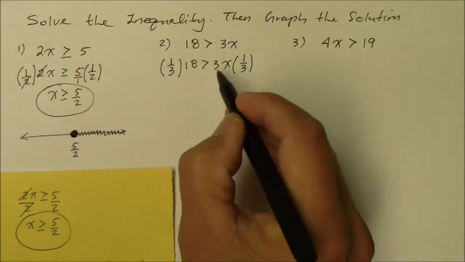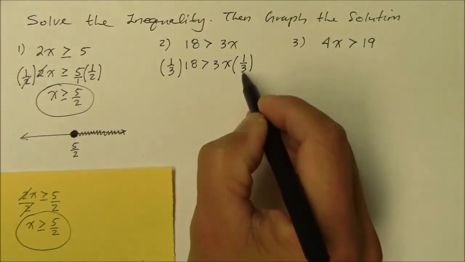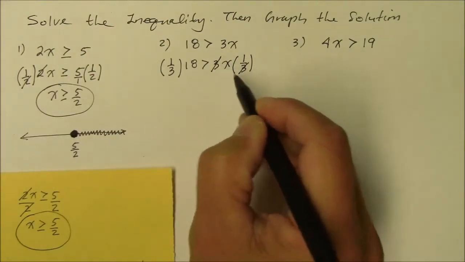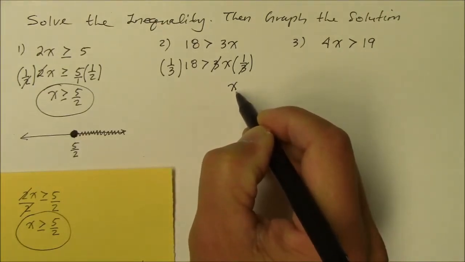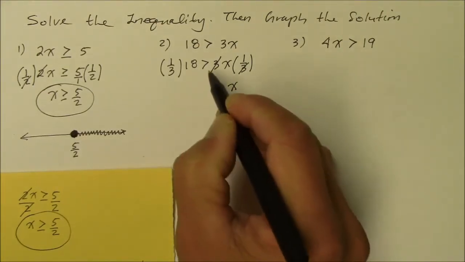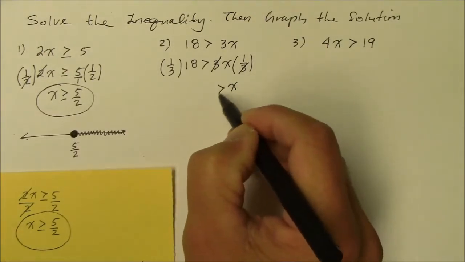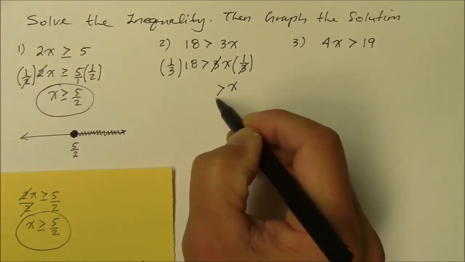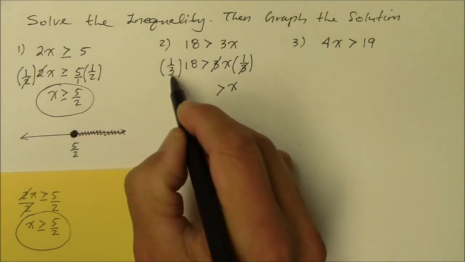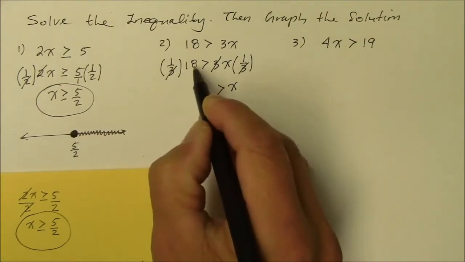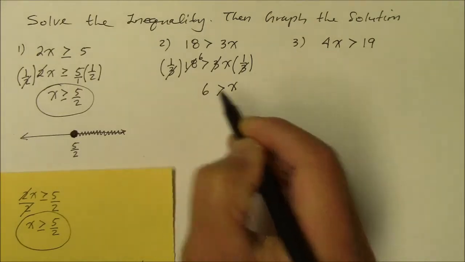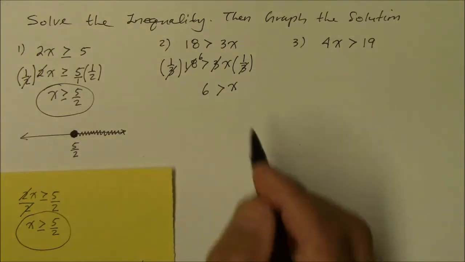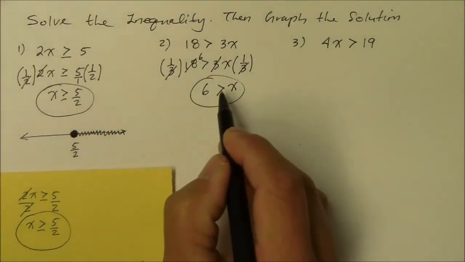As a result, 3 over 1 times 1 over 3, well, they become 1, or they cross-cancel. So that leaves you with just x is less than. The 3 reduces the 18 6 times. So that's a 6. So the numeric answer is x is less than 6.